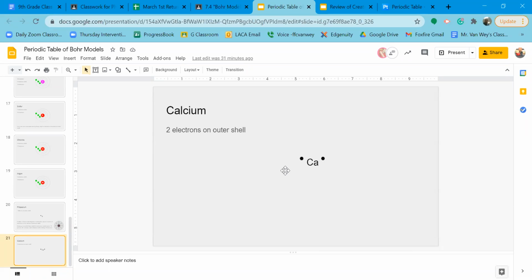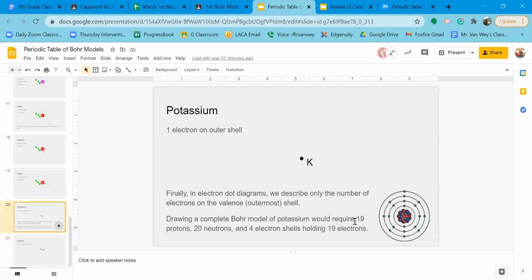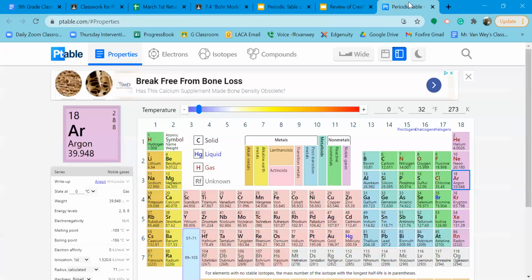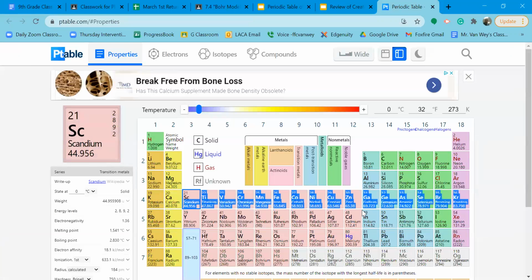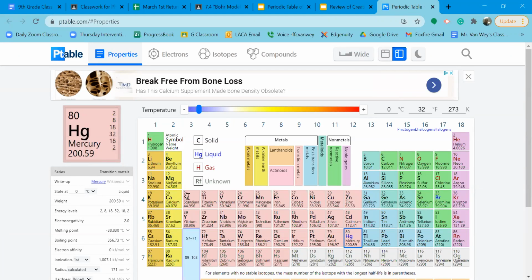And you can see that, well, here's potassium, for example. We can see how many shells we're talking about. The rules for how atoms bond start to change when we talk about atoms that are much bigger than this. So for a high school physical science class, we won't really talk about models of transition metals, scandium to mercury.